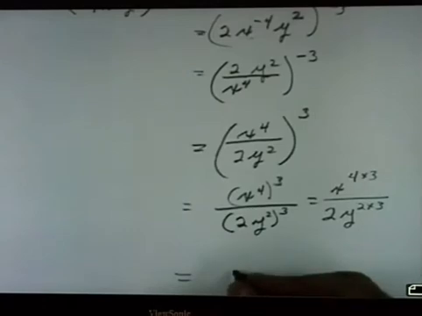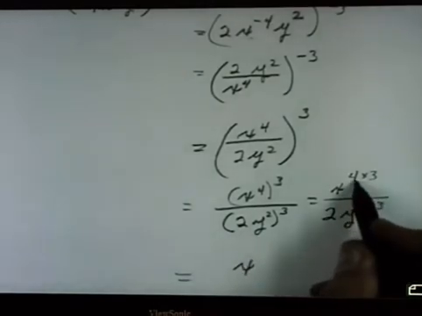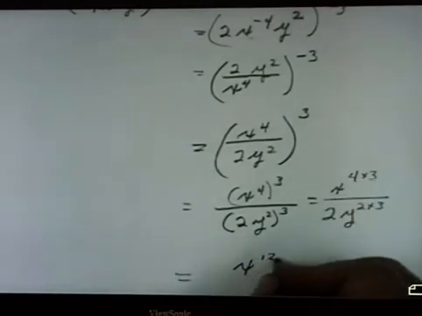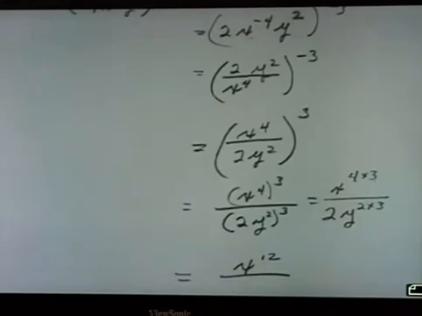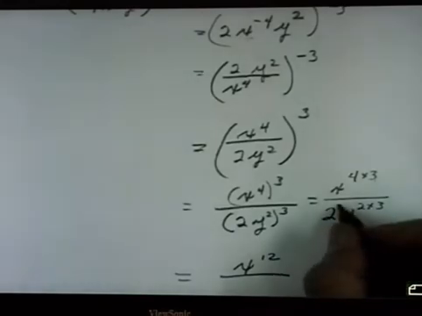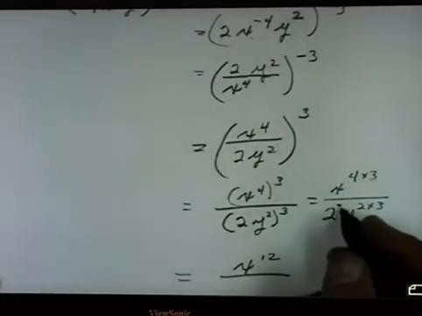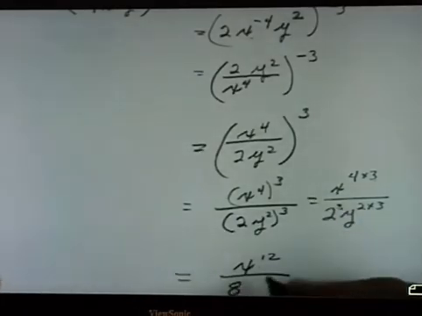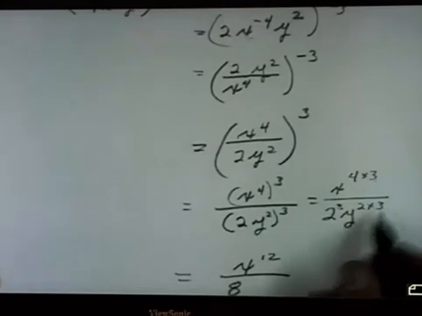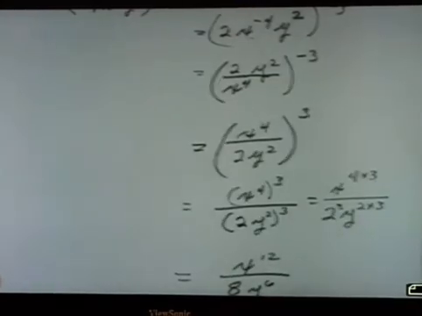And that's 4 times 3 is 12. And we also have to take this 2 to the 3rd power. So we have 2 times 2 times 2 is 8. And then y to the 2 times 3 is y to the 6th.